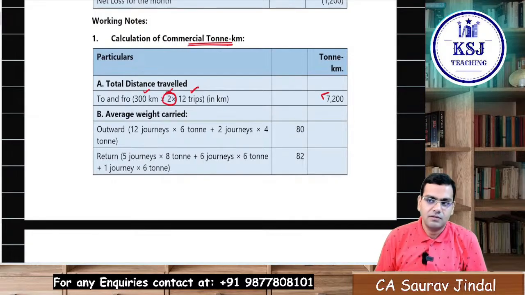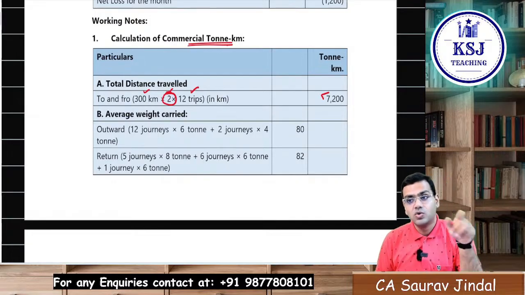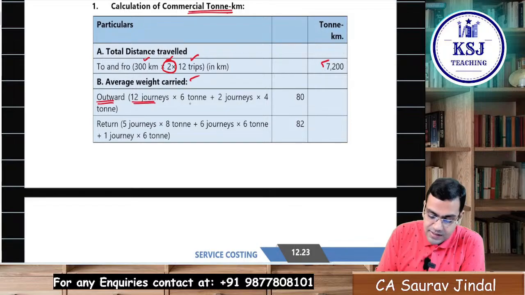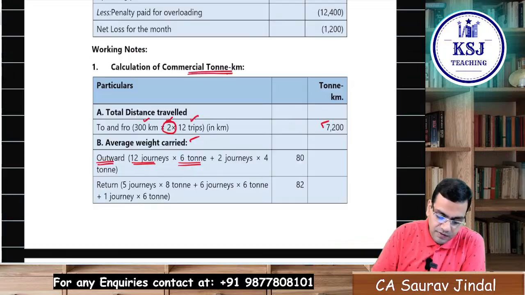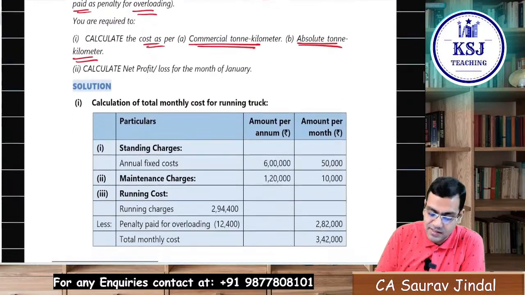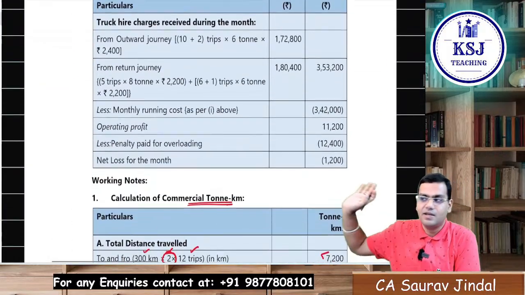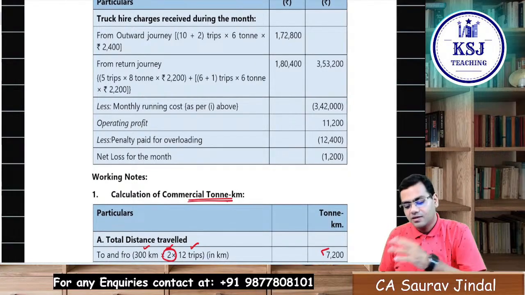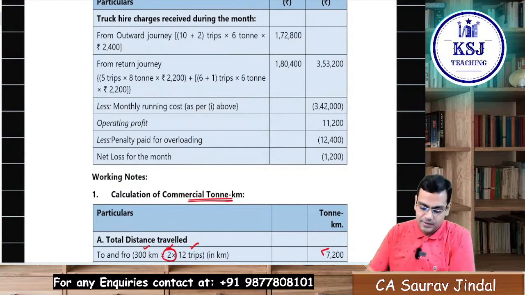We have calculated, sir. Now, over this total distance, what is the average weight being carried? Average weight carried on the outward journey, for 12 journeys, it is carrying 6 tons. Whatever is the journey, whether he is traveling from A to C, C to B, A to B, that is considered as a journey, sir, right?